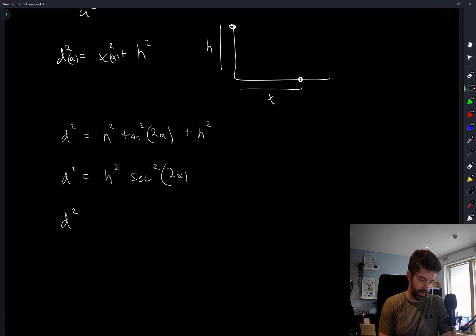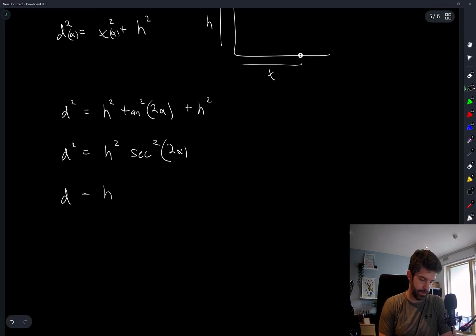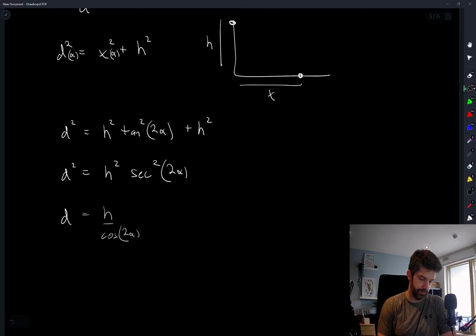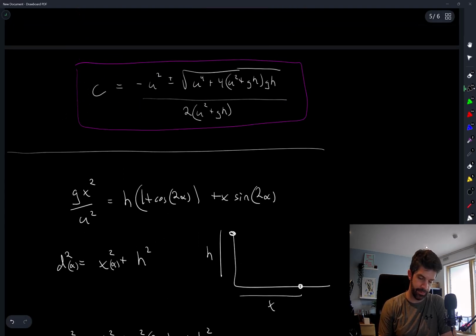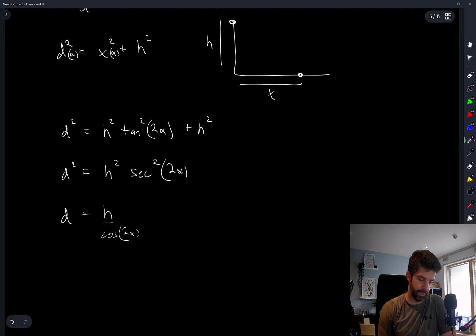So d squared, so d is equal to h divided by cosine 2 alpha. So am I really supposed to take this expression? I must have a mistake here because things are not simplifying nicely.